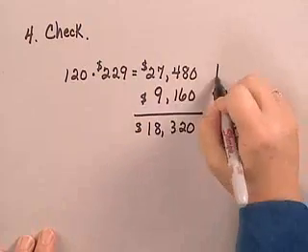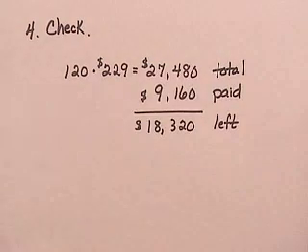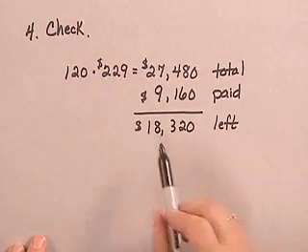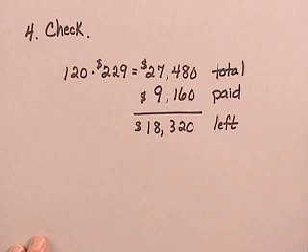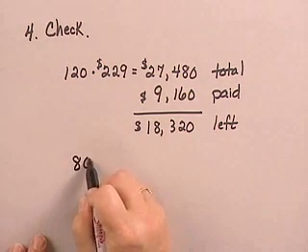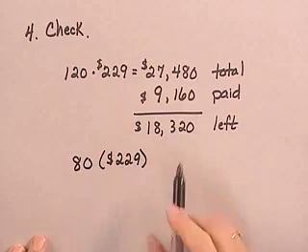Let's label this. Okay, now she has $18,320 left, and she's paying $229 a month. If you take 18,320 and divide by 229, you should get the number we're looking for. Or if you take the number of payments we said that were left, 80, and multiply by 229, you should get how much is left.